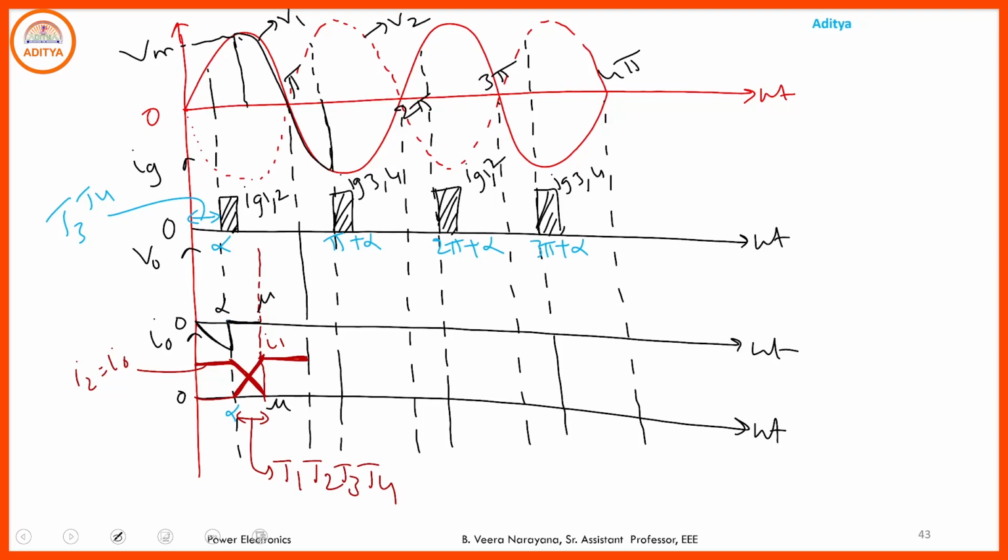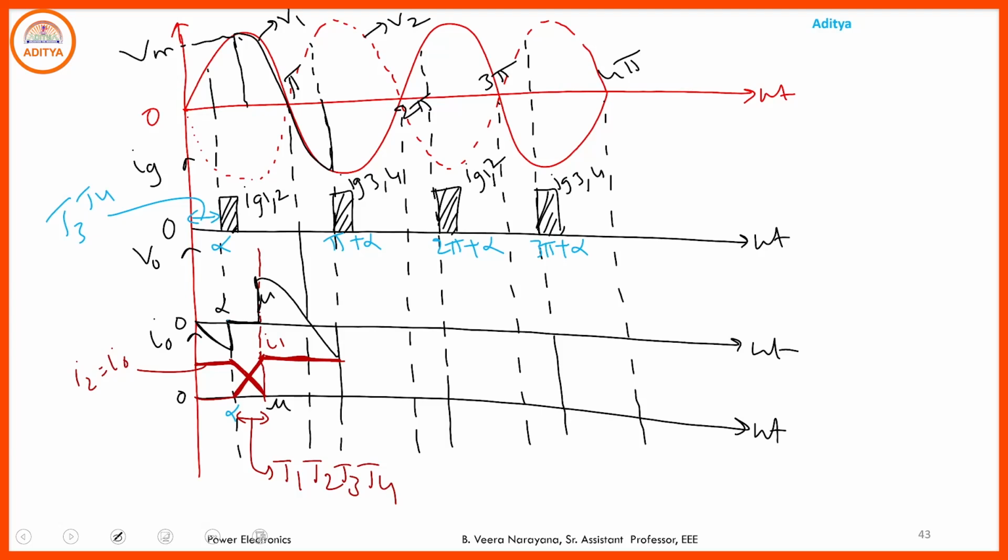So this portion is available across the load like this. And again the current is continuous up to pi plus alpha. Again at pi plus alpha, we provide the gate pulse to T3, T4. Here this is the current flowing through the load due to the conduction of T1, T2.